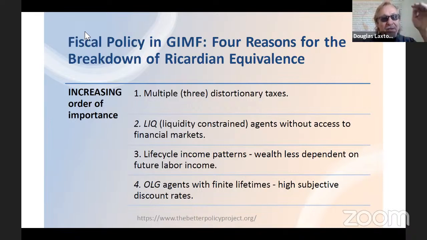So when the government dissaves in a world where you have dynastic households that care about their future children forever and their children's children, you will just adjust your saving rate. You'll increase it to basically internalize what we describe as the future budget constraint. So you know that taxes are going to be higher in the future, and so you save the tax cut today to pay for the higher taxes in the future.